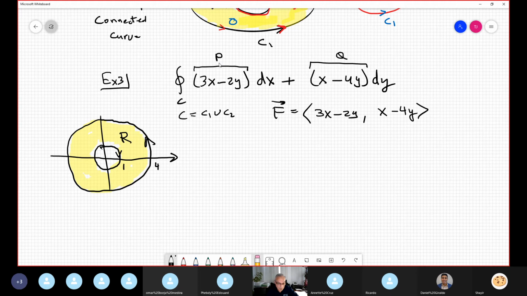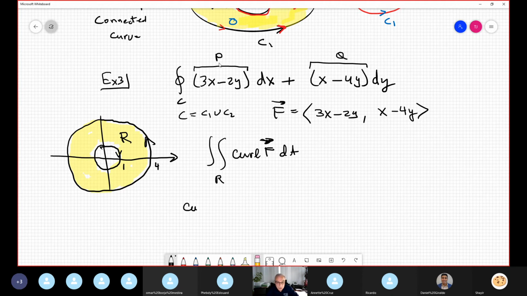This is my vector field. So now I know, according to the Green theorem, it is a double integral in the region R of the curl of this vector field dA. I put dA because I don't know yet if we are going to use polar, or I suppose polar because it's a circle, right? No xy anymore. So I compute the curl.